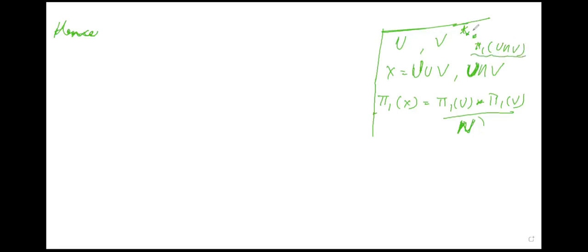So omega is trivial, and hence those elements will be trivial, and hence N is going to be trivial.